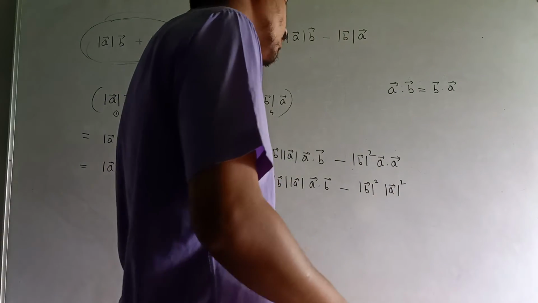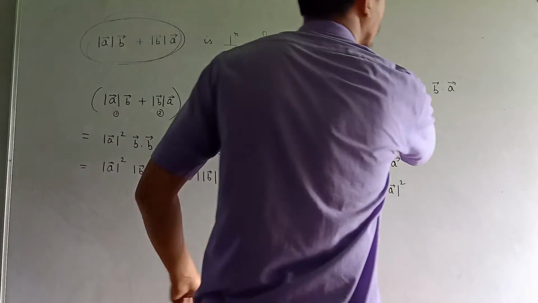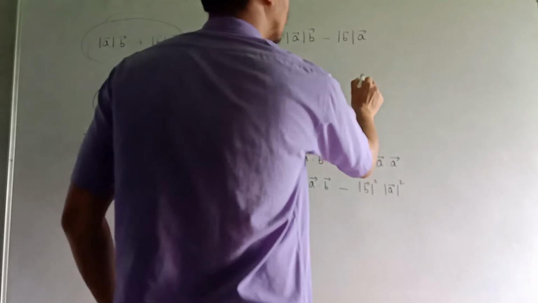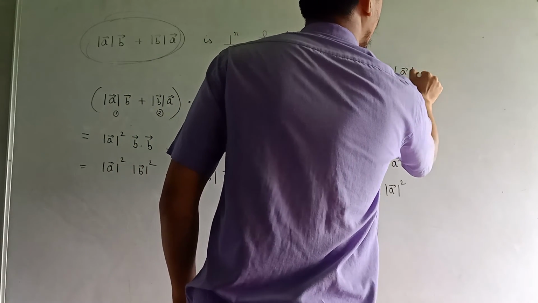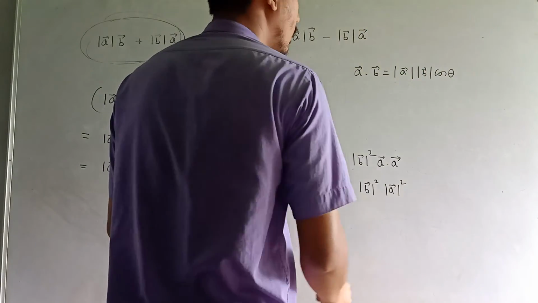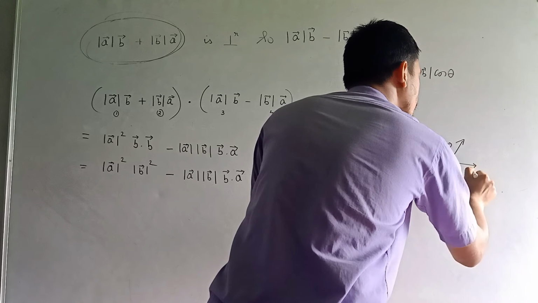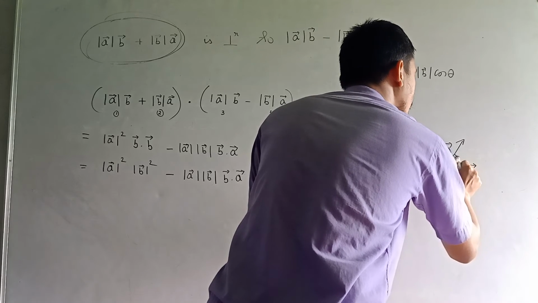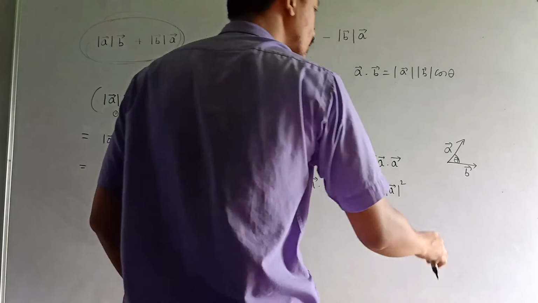I can show you why A dot A means magnitude of A square. According to the definition, A dot B means magnitude of A, magnitude of B with cos of the angle. If this is A and this is B with the angle theta between them, then this is the dot product of the two vectors.